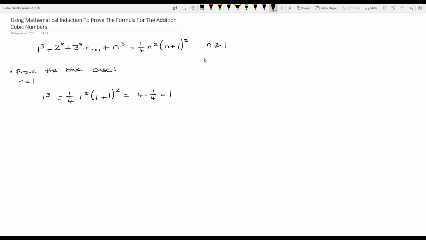Okay. Now for the next step in mathematical induction, we need to assume that k is equal to n, and then show that when n is equal to k plus 1, we get the same equation, but we'll have an extra term.